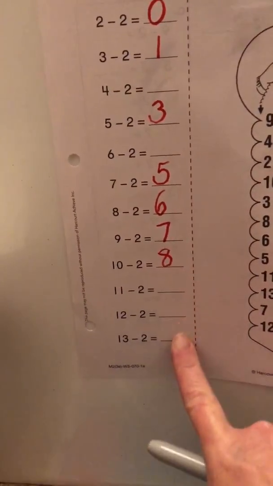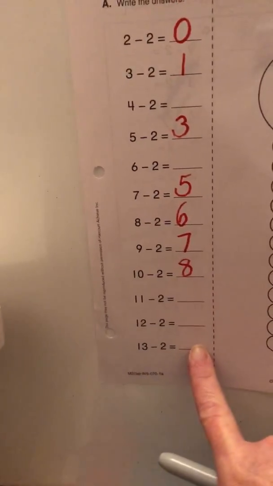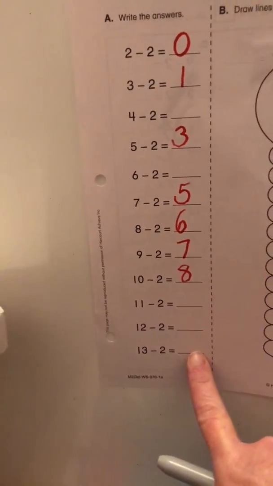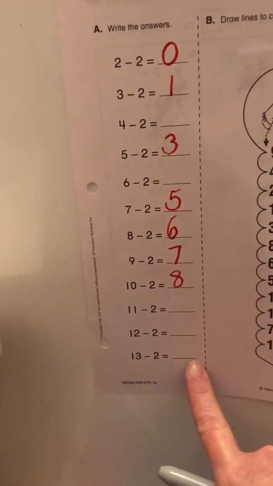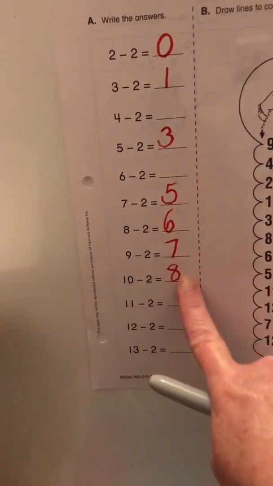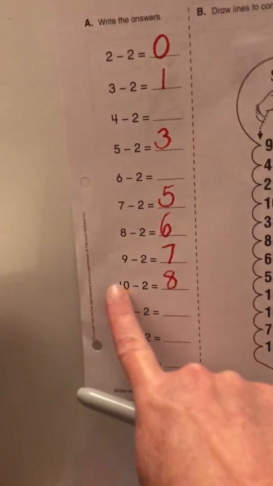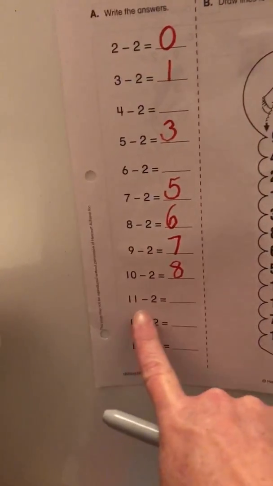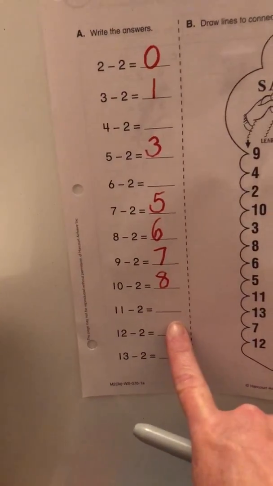Well, let's go ahead and fill these in here at the bottom. I don't have 11, 12, and 13 on my number line here, but I think we can figure them out because we see the pattern forming here, don't we? If 10 minus 2 is 8, what do you think 11 minus 2 is? You're right, it's 9.